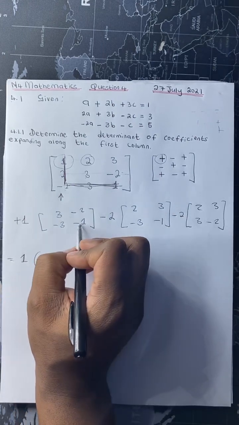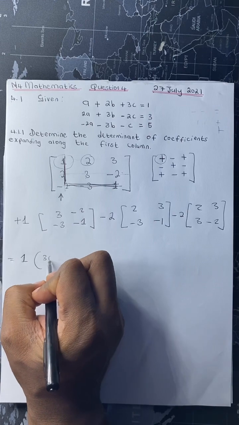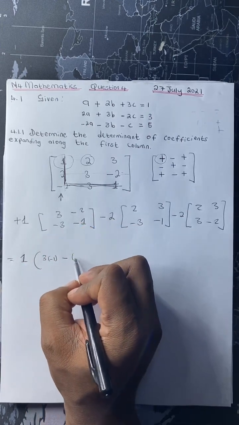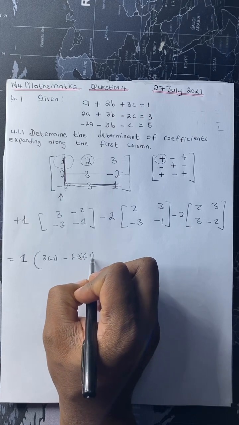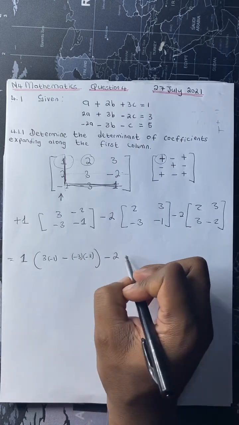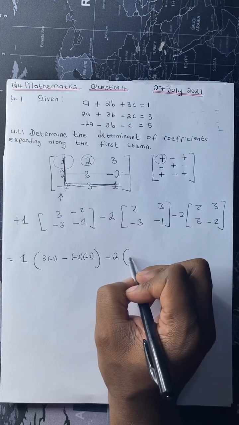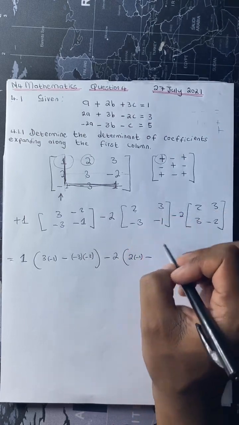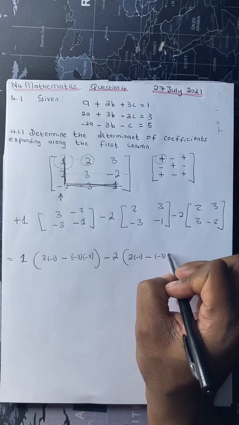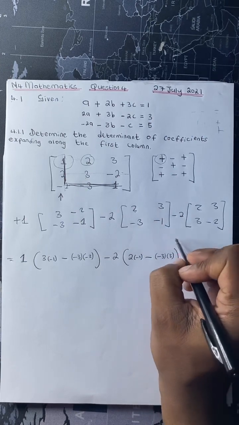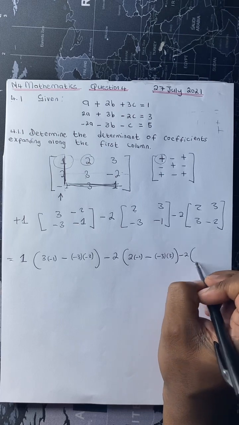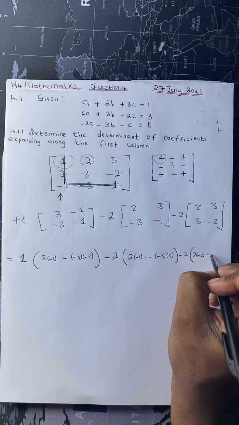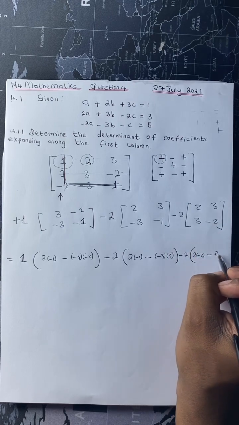So 3 multiplied by negative 1 minus negative 3 multiplied by negative 2, minus 2. 2 multiplied by negative 1 minus negative 3 multiplied by 3. We have negative 2. 2 multiplied by negative 2 minus 3 multiplied by 3.